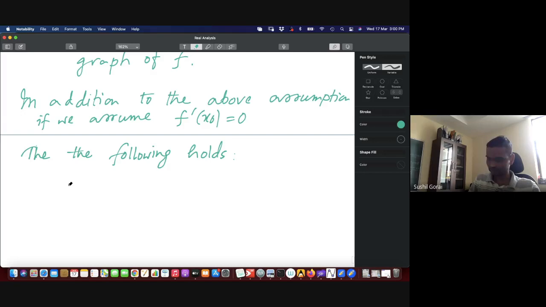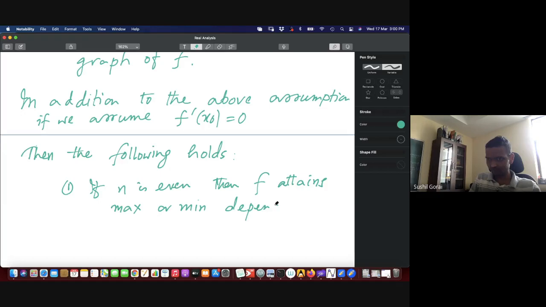If n is even, then f attains a max or min depending on whether f^(n)(x naught) is less than 0 or greater than 0.